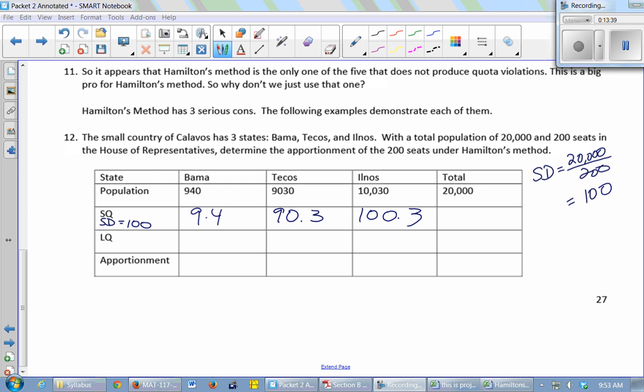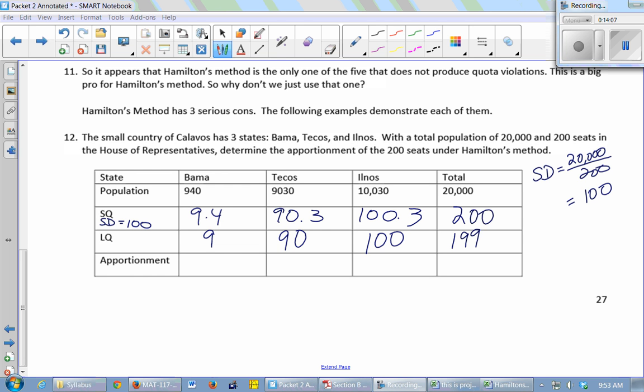If I did everything right, that should add up to exactly 200 seats. Then Hamilton's method gives everyone their lower quota, chops off the decimals. So you have 9, 90, 100, which adds up to 199. I have 1 more seat left to give out. Who should get it? Bama. Yeah. Why?